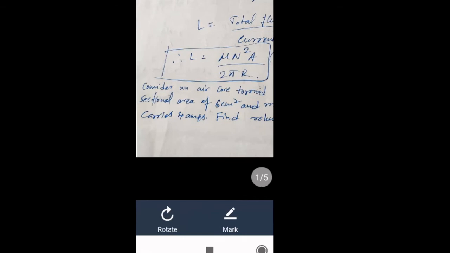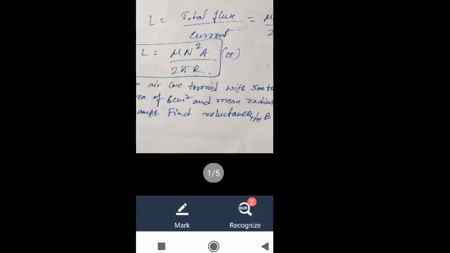Find reluctance, inductance L, B, that is magnetic flux density, and magnetic field intensity H.